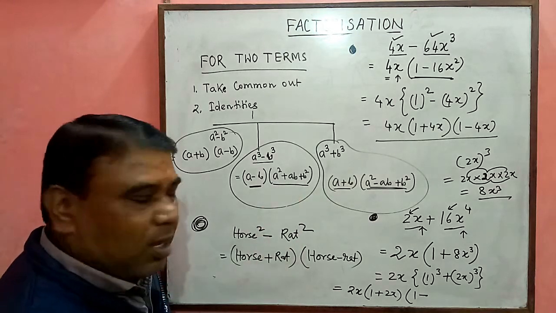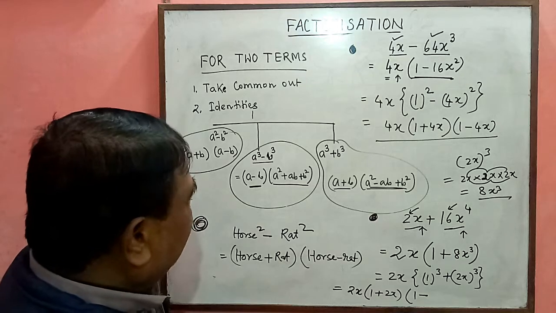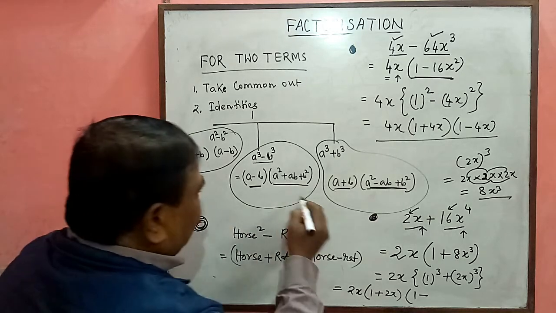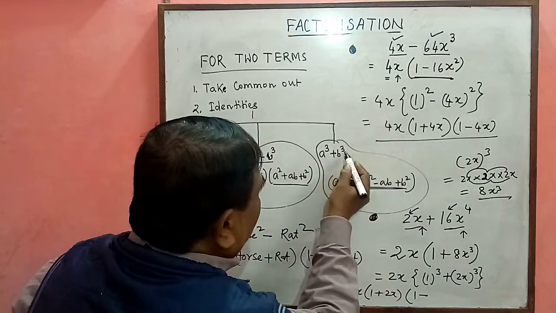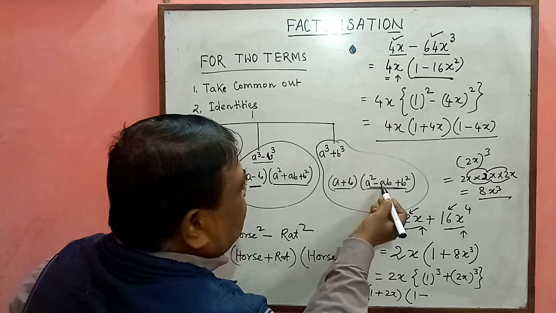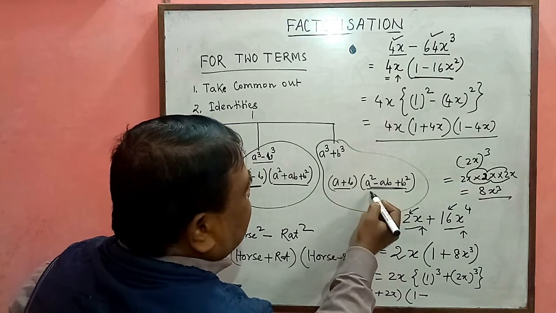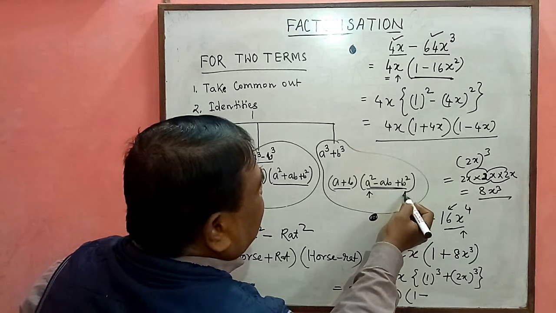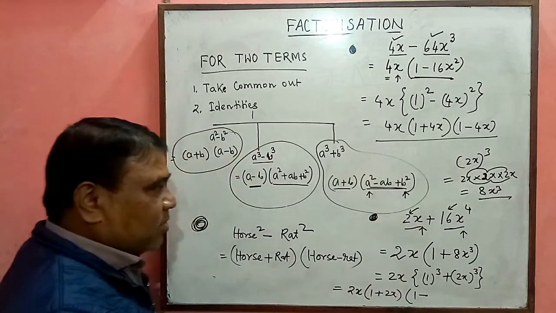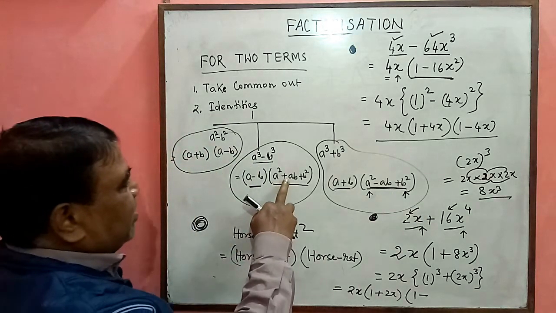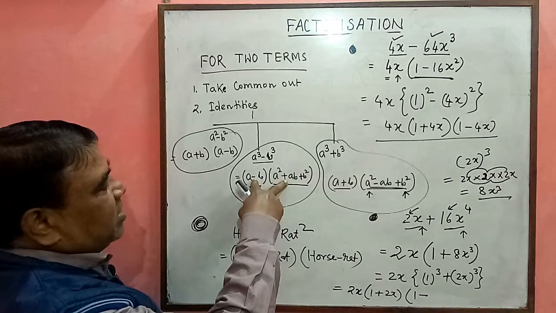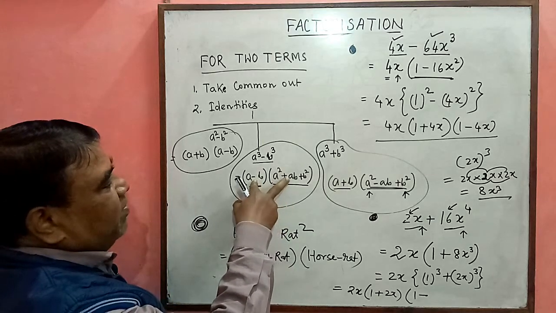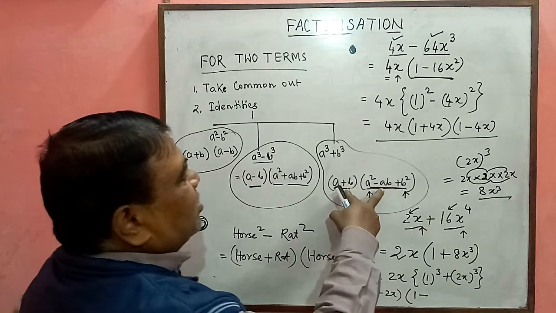That's what I told in my earlier classes. So here if it is a cube plus b cube, this sign will be minus. Otherwise, square terms will never have a negative sign. That's what I'm saying. Only the difference between these two terms is here.